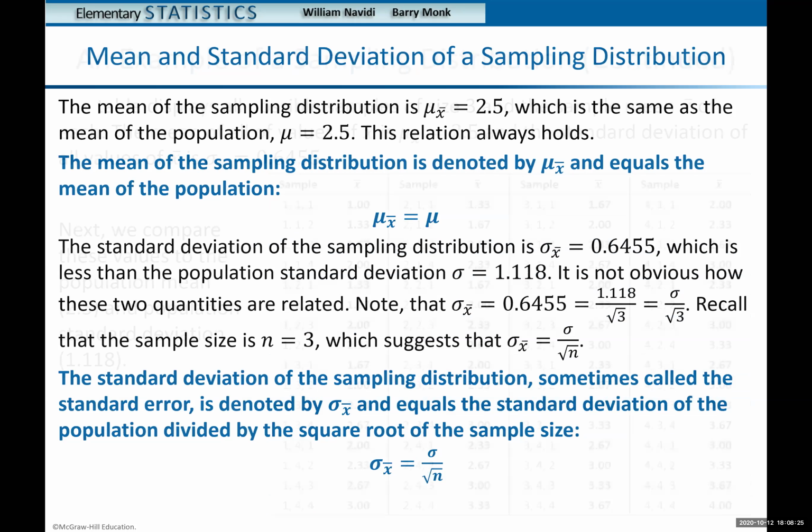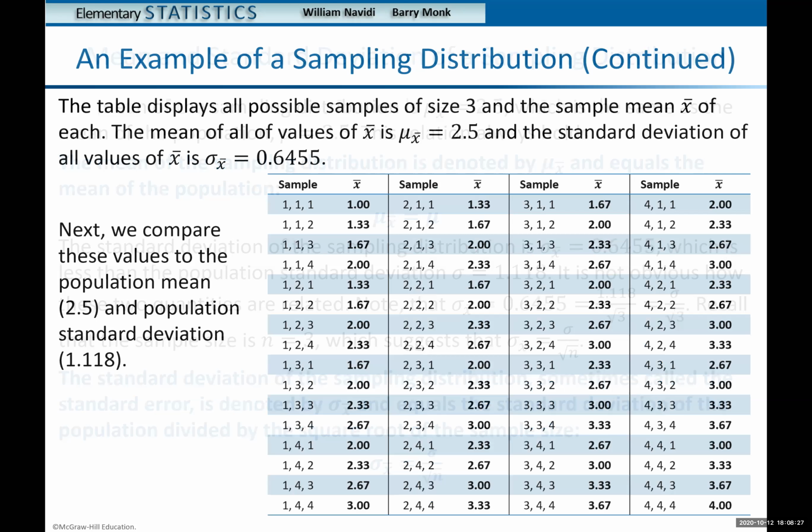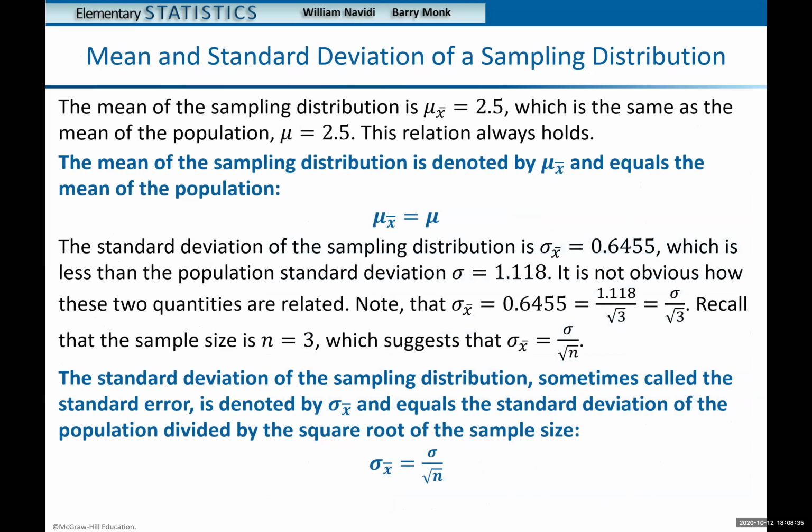That's why we're going to have a formula for this. I'm not going to ask you to compute the means of all the possibilities because that's a lot. First, the mean of the sampling distribution is denoted by mu of x bar, meaning the mean of all the means. It is always equal to the population mean.